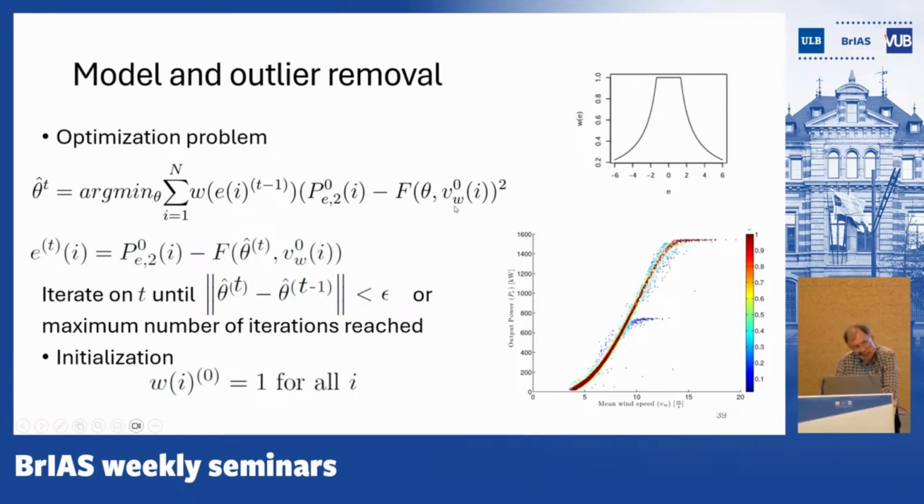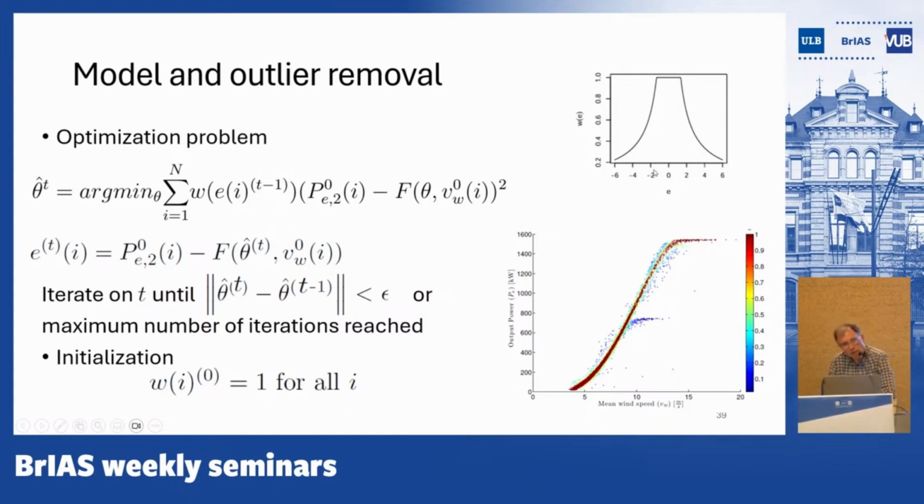And at first, we will start with a weight which is equal to 1. And then we will compute the error for each data point. And we will introduce a weight which has this shape here.